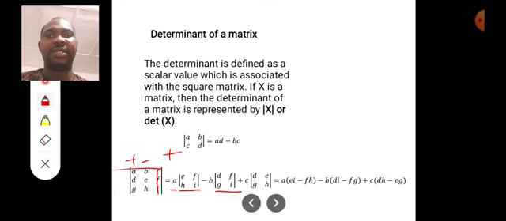It's going to be D, E, G, H. Those are 2 by 2 matrices, which we can now find, EI minus FH and so on. So that is how to find determinant of a 2 by 2 and a 3 by 3 matrix.